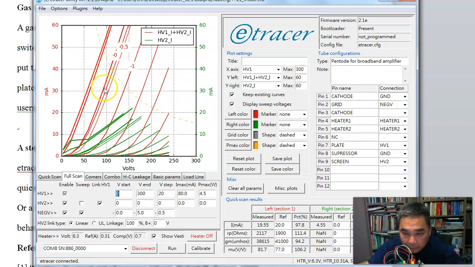So we see the measured plate current is much lower, and even at minus 0.5 volt grid supply with this 100K ohm resistor, we still see the plate current decreased.